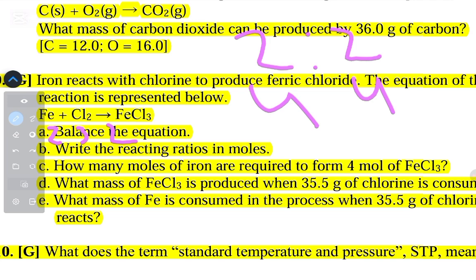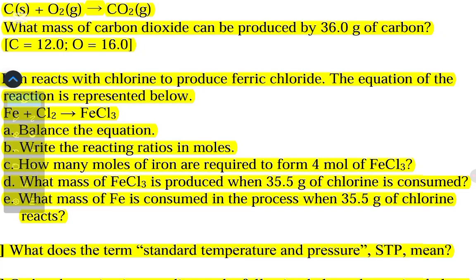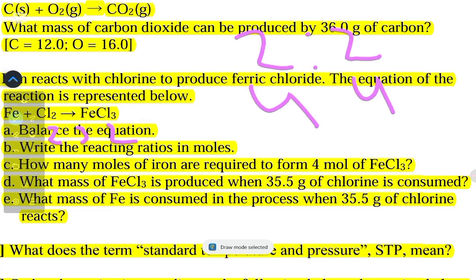What mass of FeCl3 is produced when 35.5 grams of chlorine is consumed? Like we said before, we can make it all into grams. So FeCl3 and chlorine.